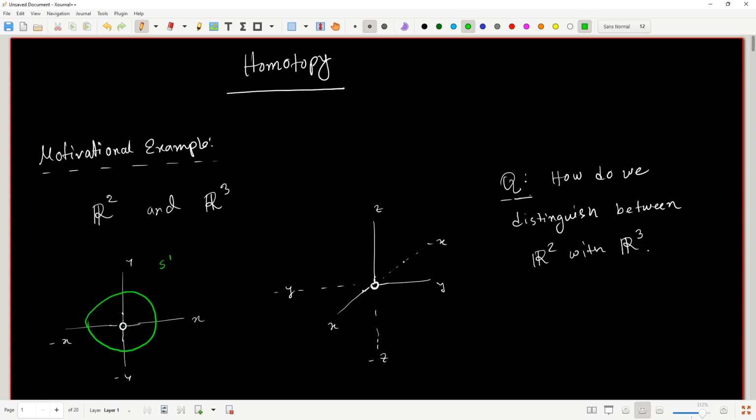Because there is a hole over here. So you may shrink the circle like this, but you can never shrink this circle that encloses the deleted origin to a point.